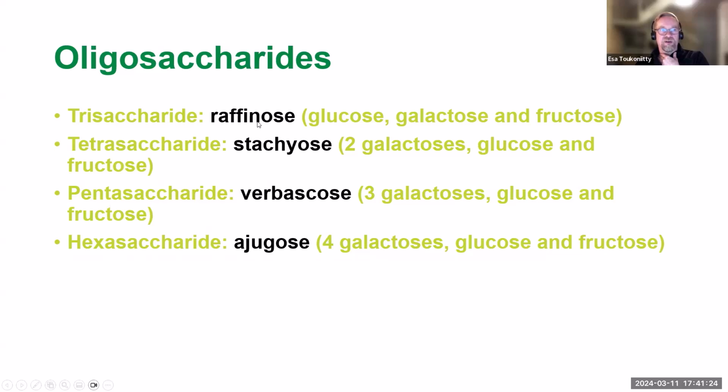This one is made out of 3 monomers. This is from 4, 5, and 6 monomer units bound together. Basically these can be made out of the same sugar molecules or different sugar molecules.